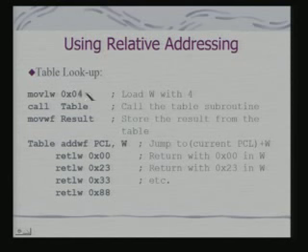This argument is being specified here. This argument is being used for indexing onto the table. How is the indexing operation taking place? By adding this value to the PCL. Once you add that value to the PCL, the next instruction to be executed will be at an appropriate offset. That means it is being indexed onto the table.